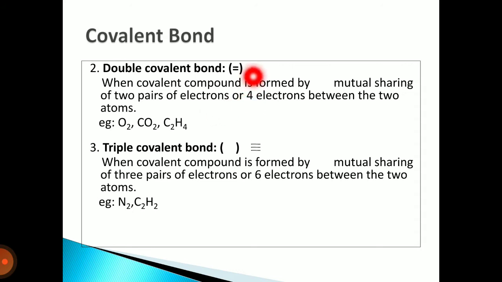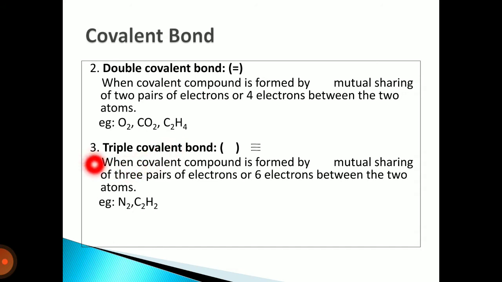For example, the oxygen molecule O=O, and the carbon dioxide molecule CO2, where there is a double covalent bond between carbon and each of the oxygen atoms. Then the ethylene molecule C2H4, where there is a double bond between the two carbon atoms, that is C=C.